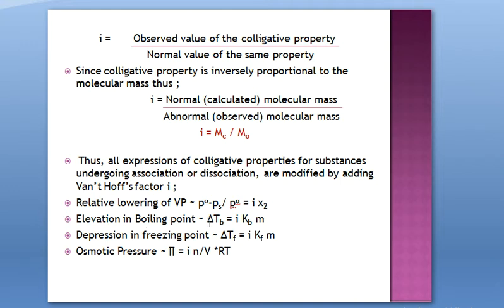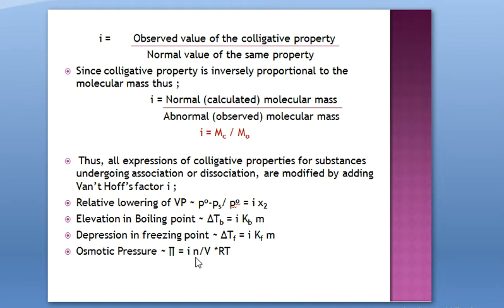Elevation of boiling point for dilute solutions, for ideal solutions, is delta Tb equal to Kb m. But for non-ideal solutions, for solutions in which the solute undergoes dissociation or association, this is the expression: delta Tb is equal to i Kb m. You will have to add the correction factor. Similarly, this is for non-ideal solutions.